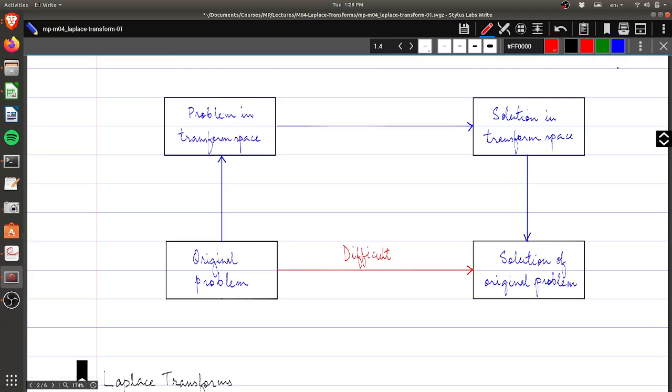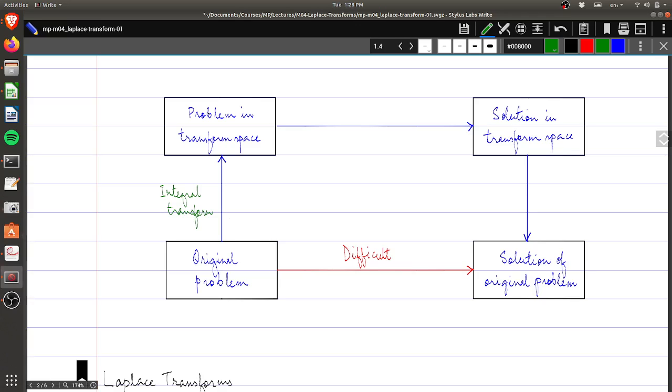The route is, first you have the original problem, you use the integral transform, you apply the formula for the integral transform. By applying the integral transform, you get the same original problem, but now instead of the original space, you are in the transform space.